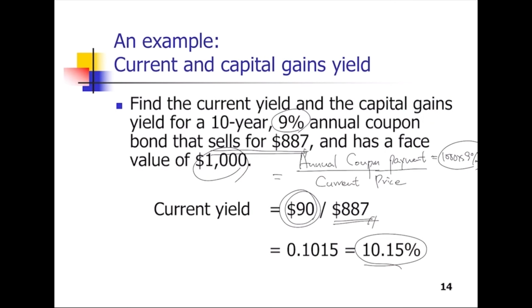In the previous example, it was a 10-year bond, so currently the maturity left is 10 years. We want to know next year, so N changes from 10 to 9, right?